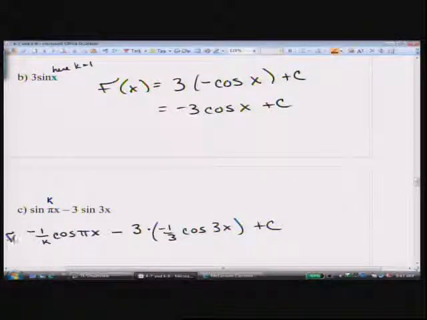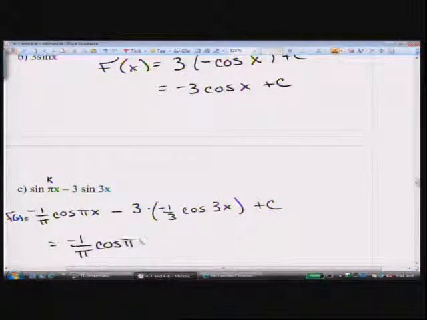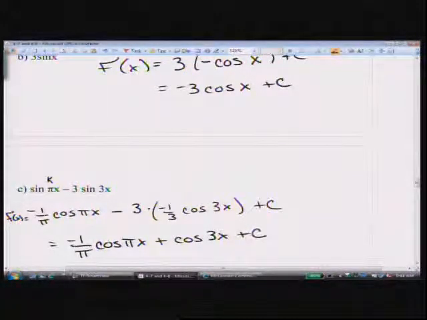This will be my big F. Oops, I put a k there. I meant a pi, because k was pi there. So this is negative 1 over pi cosine pi x, and this will become plus cosine 3x, and then plus c.